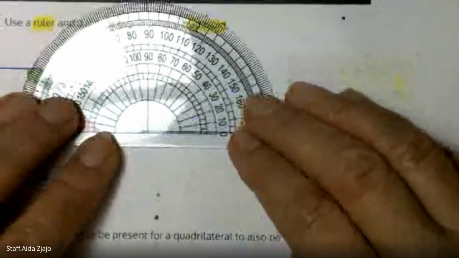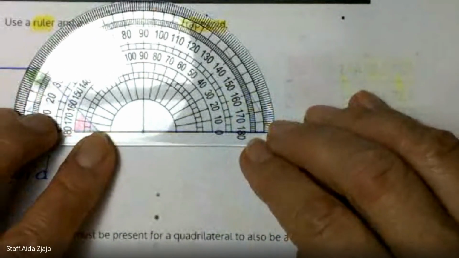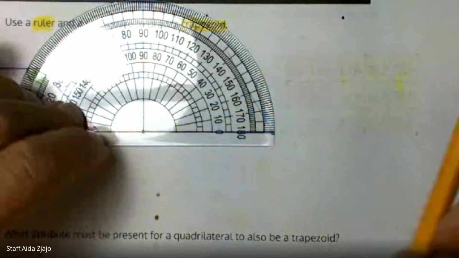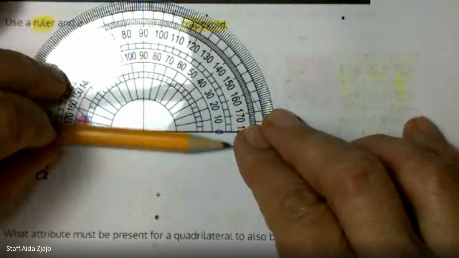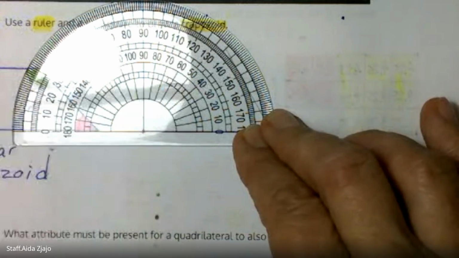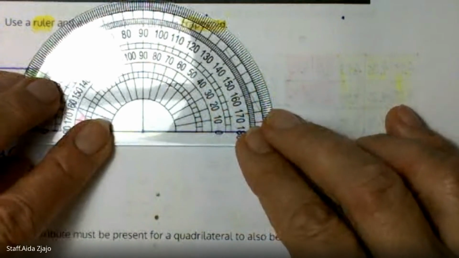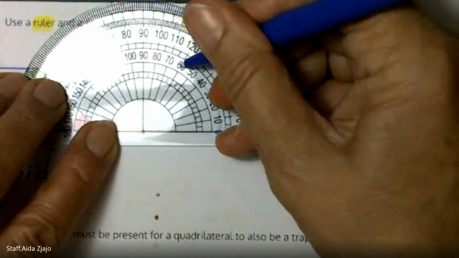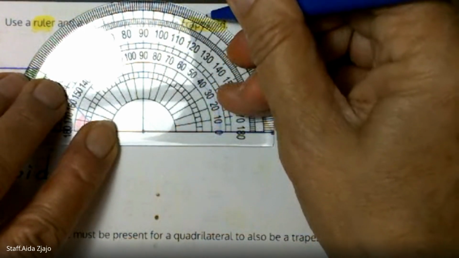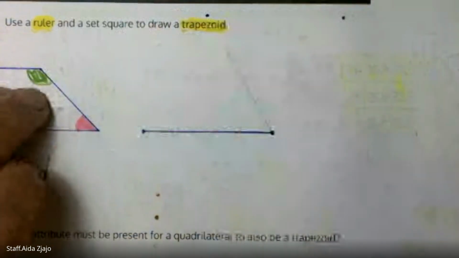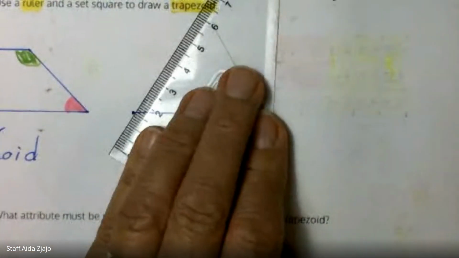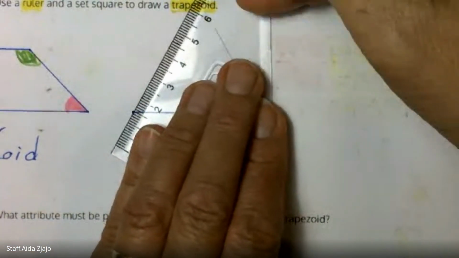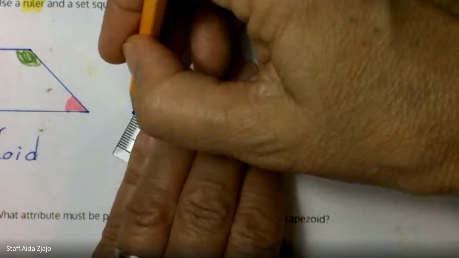Now I'm going to go to the opposite side and measure 60 degrees. My angle goes from here all the way to there. My dot is on 0, and here is 60. I'll go all the way to here, and that gives me another line.